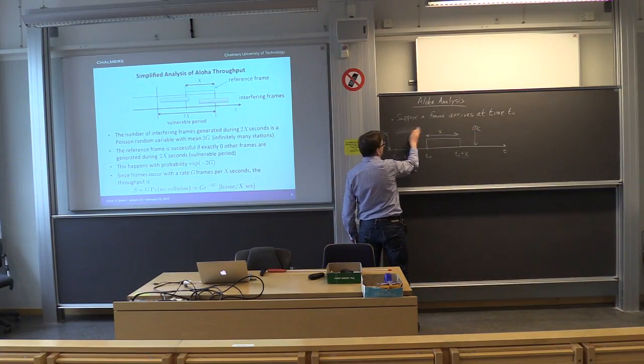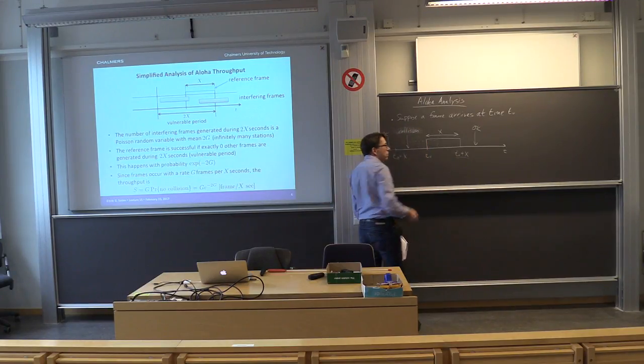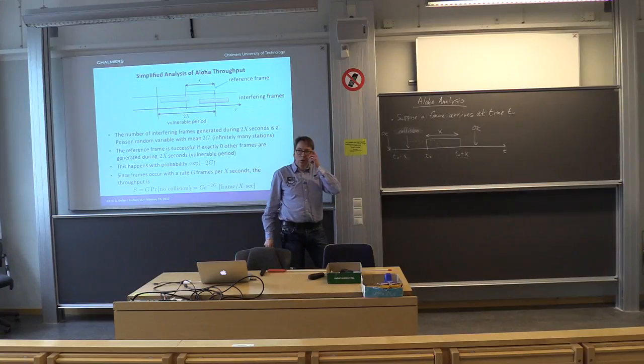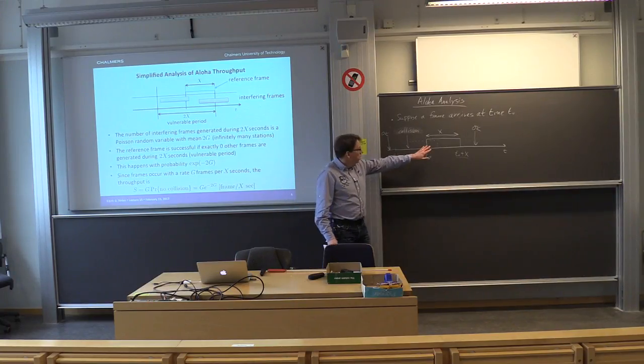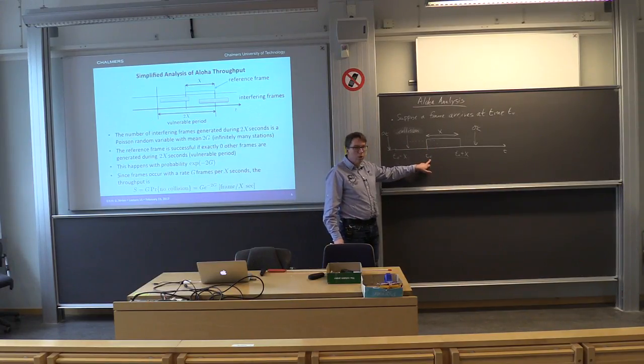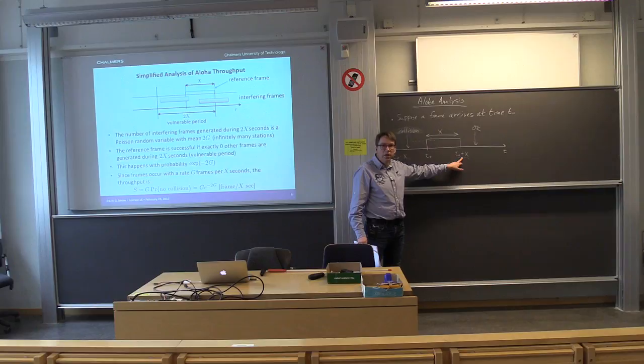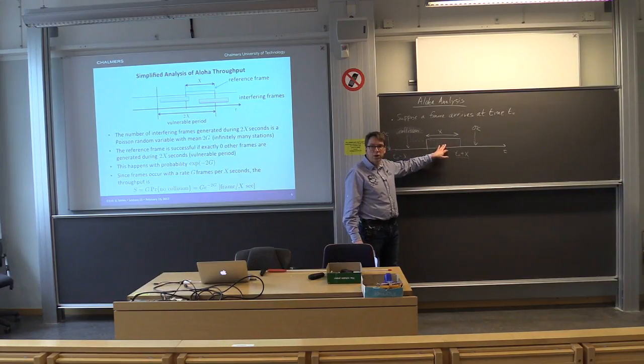Instead of interfere, maybe we should say collision. Okay. So I hope this is clear now, that if we are transmitting a frame with start at t0, then if there is an arrival to the channel within the interval from t0 minus x up to t0 plus x, then that frame will interfere with the frame that we are trying to transmit. Is that okay? Right.